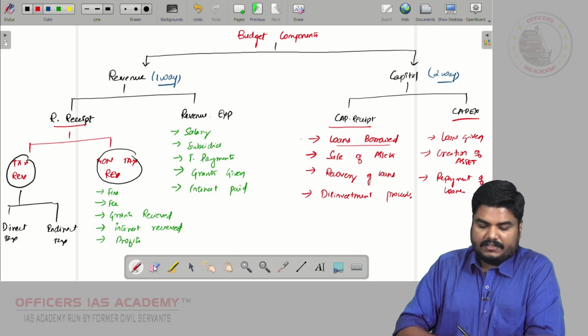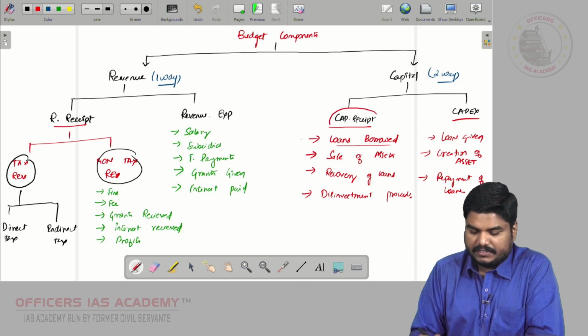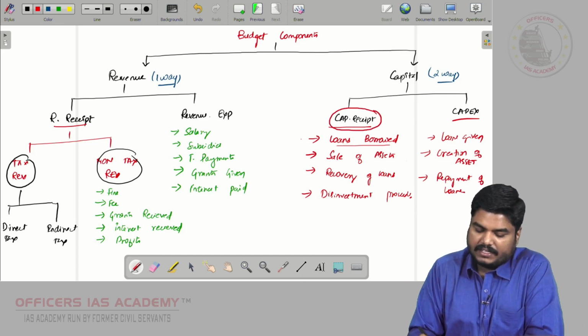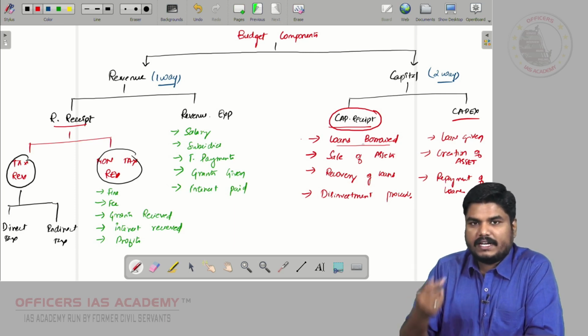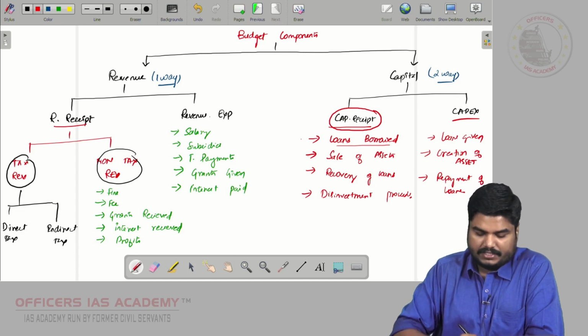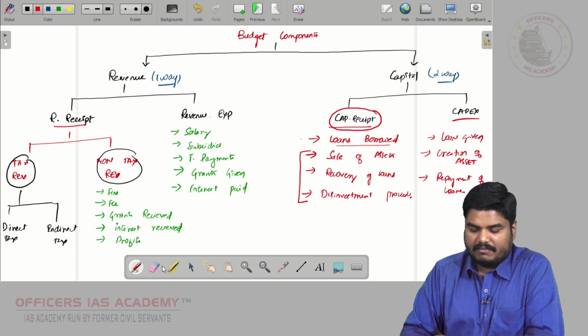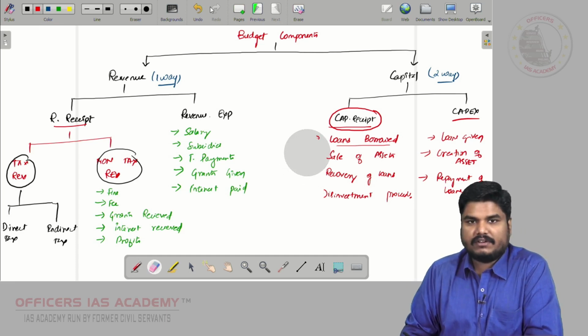Friends, here in this capital receipt, loans borrowed is creating debt, these three are not creating any debt. So I am classifying this, if you want you can take a screenshot of this.